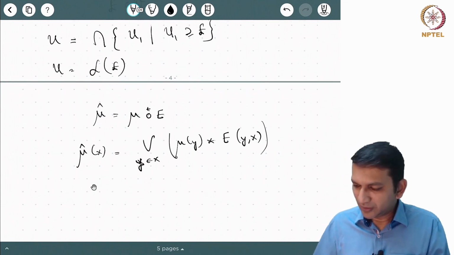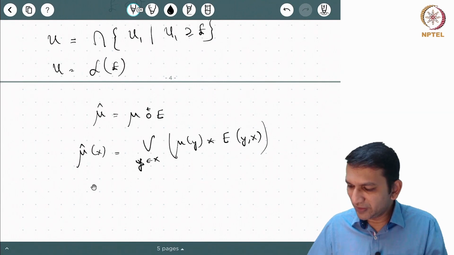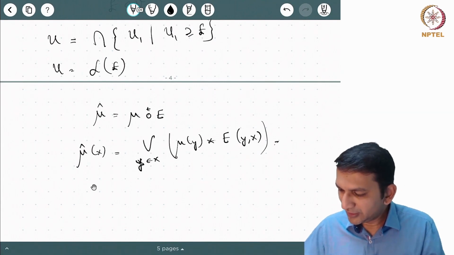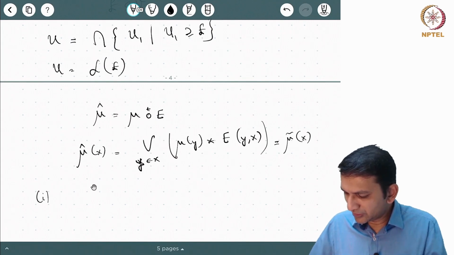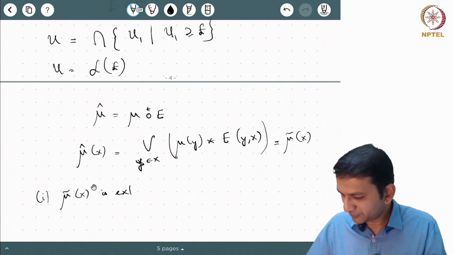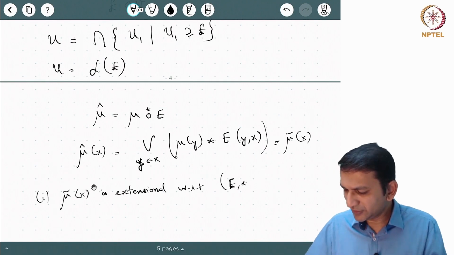So to show this, let's denote the right hand side as mu tilde of x. We need to show two things. Firstly, that mu tilde is extensional with respect to E and star. That's the first thing that we need to show.